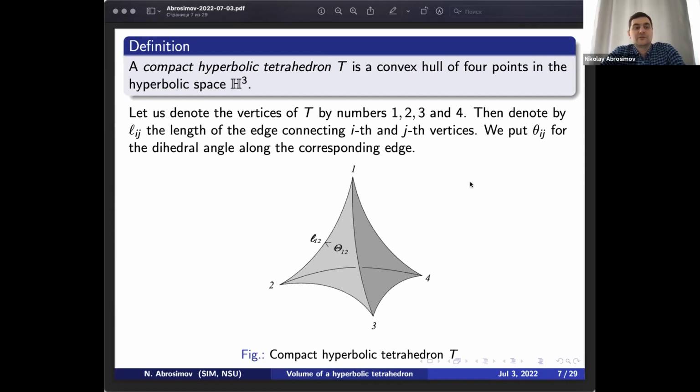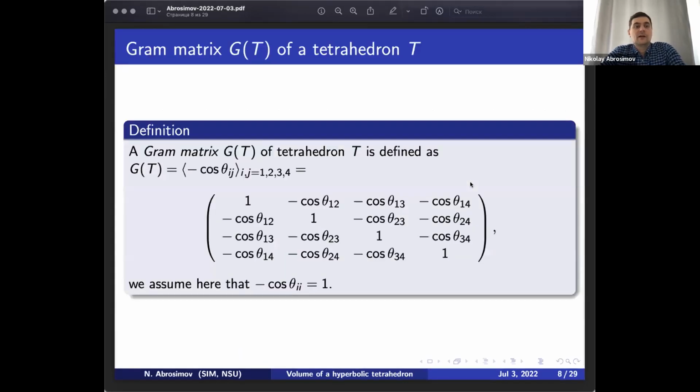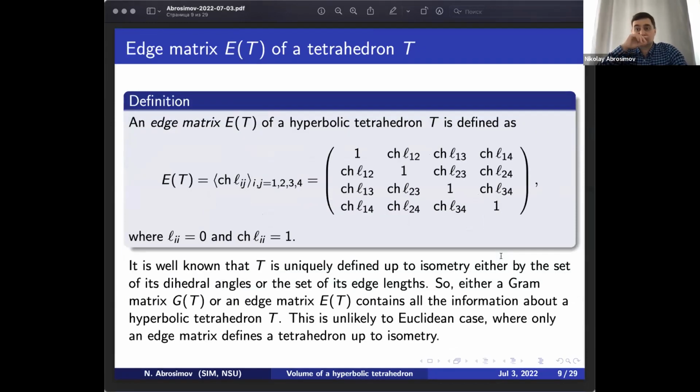We put theta ij for the dihedral angles along the corresponding edge. And the Gram matrix G of tetrahedron T is defined as follows. It consists of minus cosines of dihedral angles. And also we can define the so-called edge matrix of a hyperbolic tetrahedron T as follows. It consists of hyperbolic cosines of edge lengths.